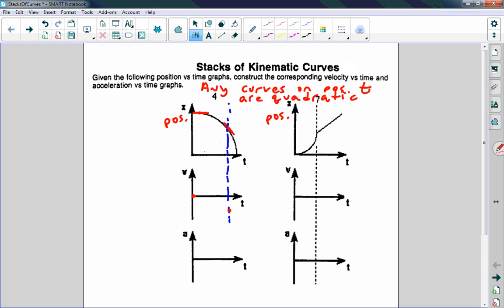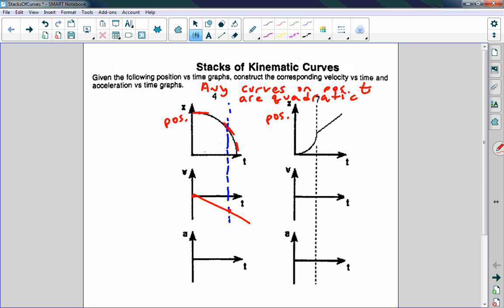So because of that rule that quadratic position time graphs go with linear velocity time graphs, I'm going to connect my two dots here with a line that slopes down. And that shows that the velocity is decreasing on a number line as time goes by. The slope is getting more and more negative on my velocity time graph.